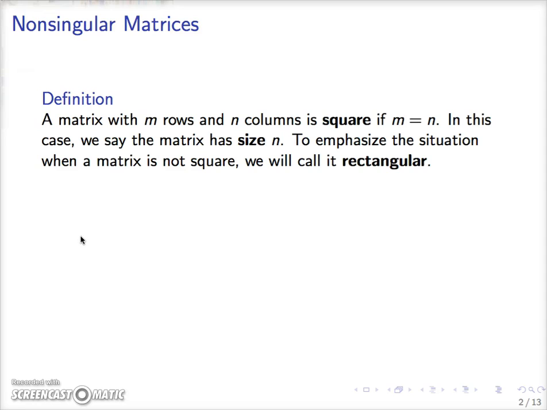That is, when either the number of rows exceeds the number of columns, or when the number of columns is larger than the number of rows, then the matrix is considered rectangular. However, when the number of rows matches the number of columns, when there are as many rows as columns, then we'll consider that type of matrix as a square matrix.